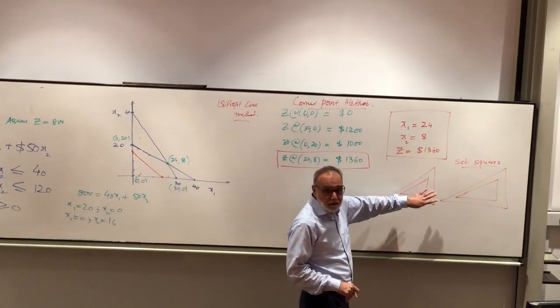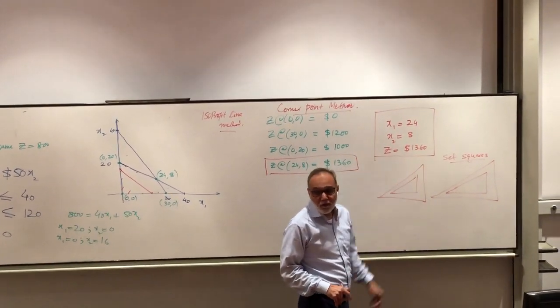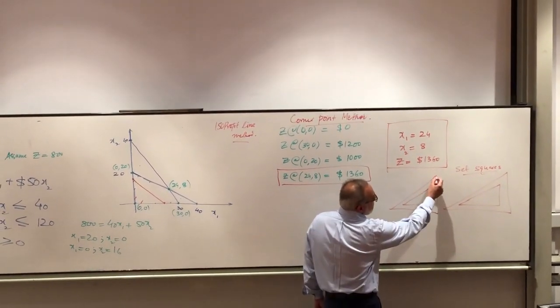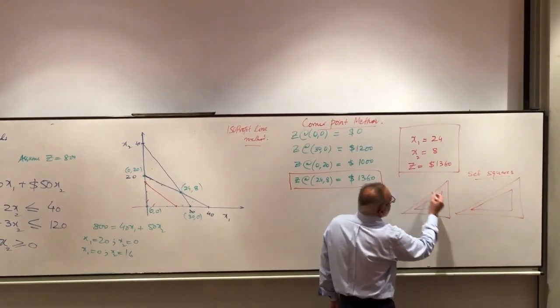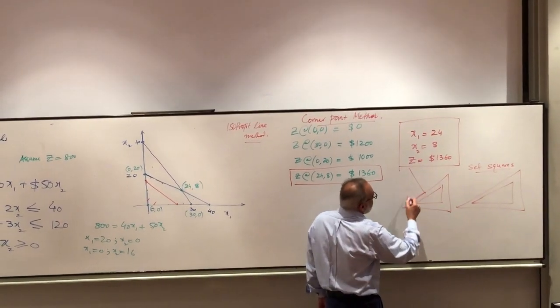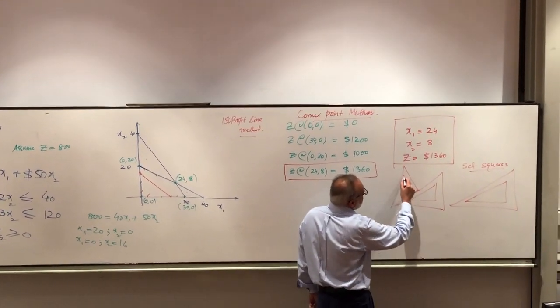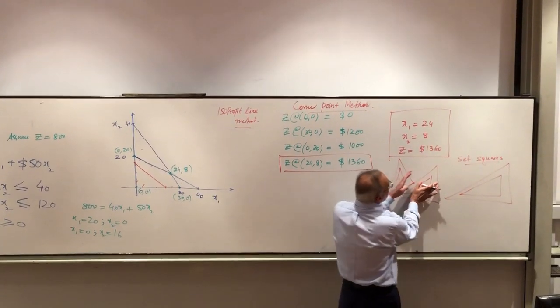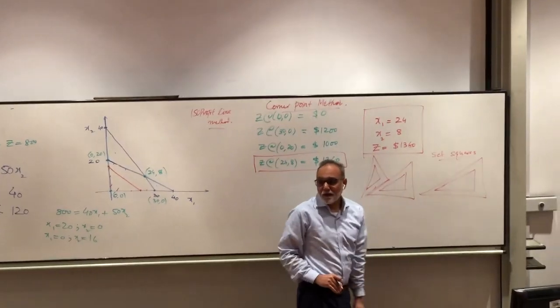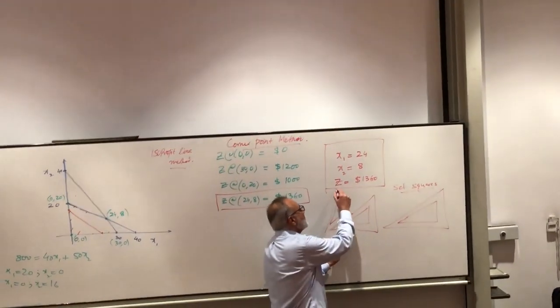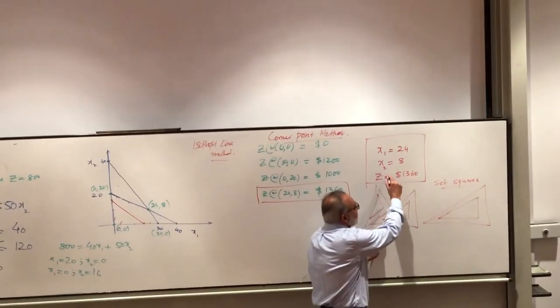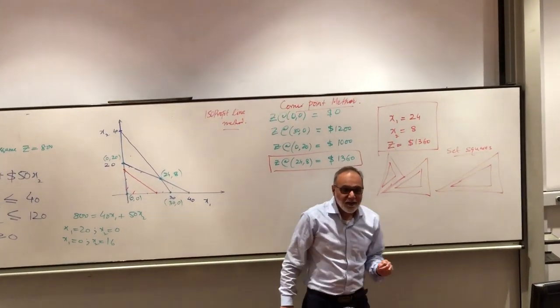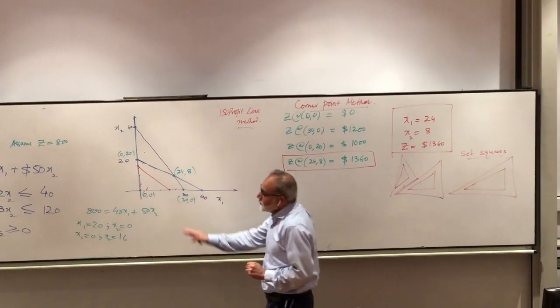You fix one and you move the other one on top of it. You fix this one and you slide the other one, and you make a parallel line. You can make a second, third, etc. That's what you do.